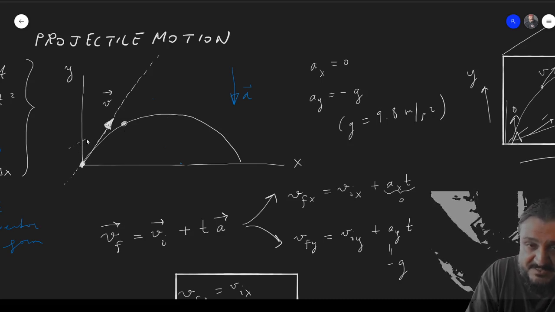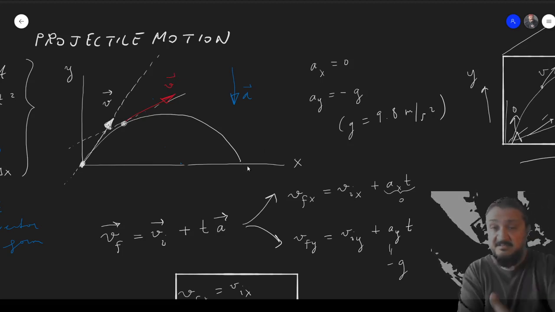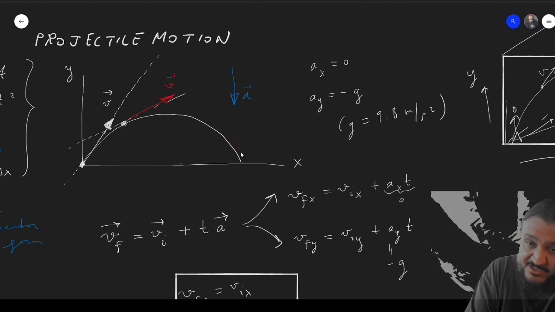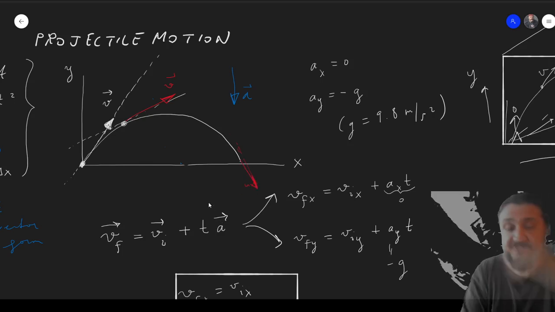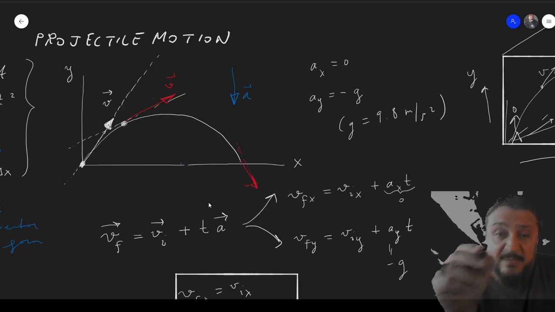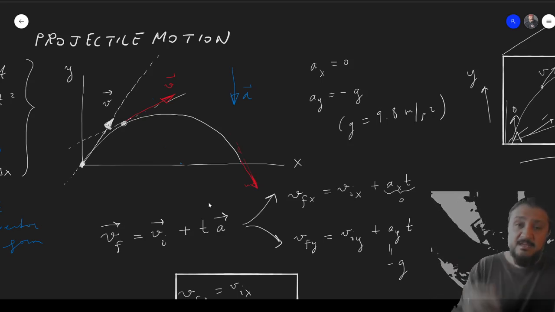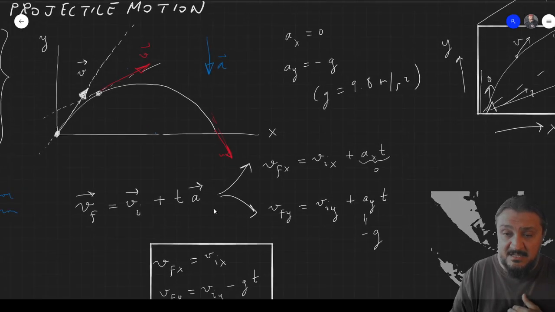So tangent means this line here, for instance, and here's the velocity vector. At a later time, right before it hits the floor, you draw a tangent, and the velocity vector points in that tangent. So direction changes, but it changes in such a way that its x component is constant.